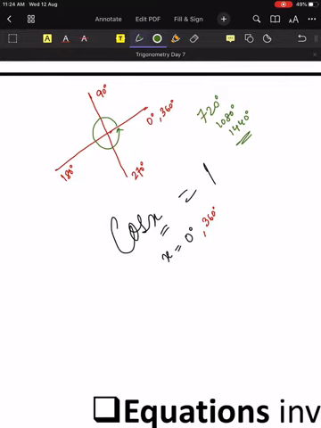So they can have many complete cycles. Clear? So for the general solution, we will take a general number n, which represents each and every single value of x which satisfies a certain trigonometric equation.